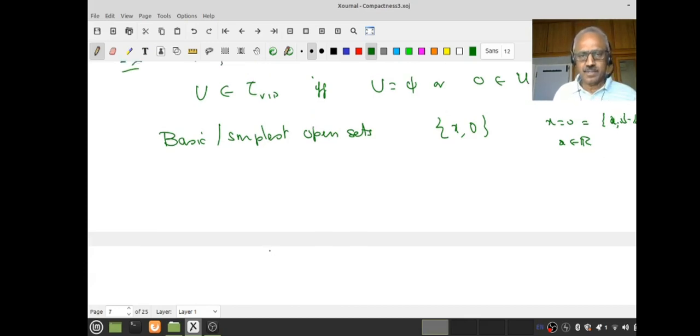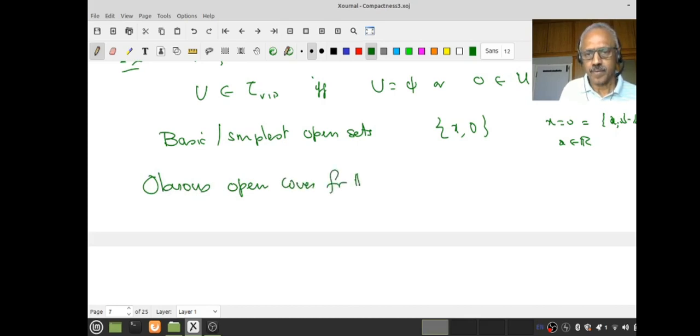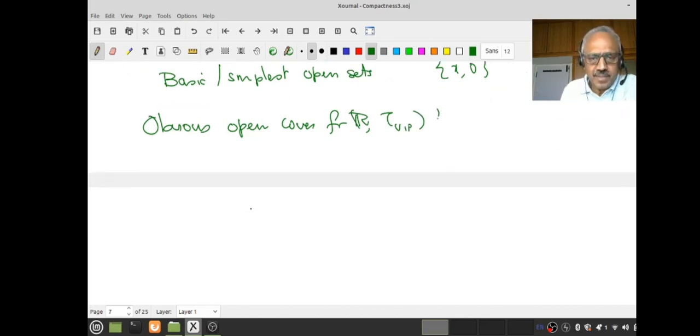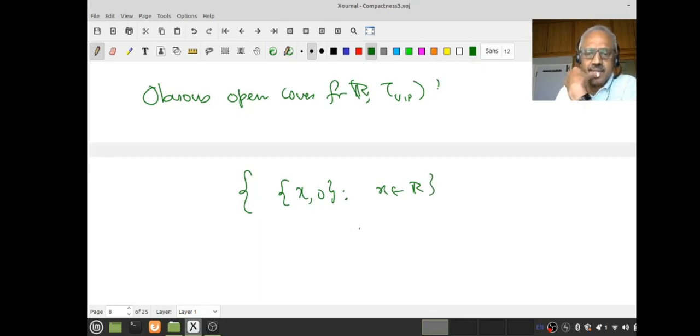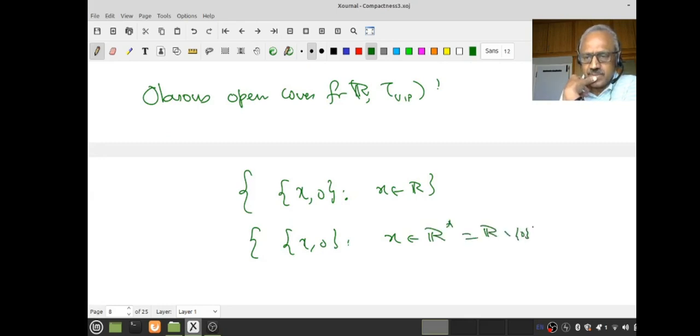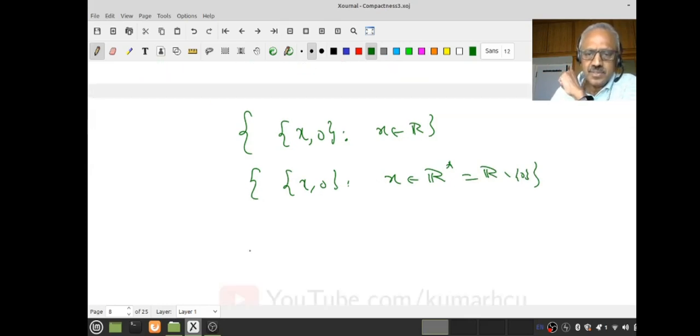Now can you think of an obvious open cover? Of course, namely, let's look at this collection {x, 0} as x varies over R. In fact, I can say even this collection {x, 0} with x in R star, that is R minus 0, because 0 is anyway going to be in these sets. So this is an open cover of R. Is that clear?